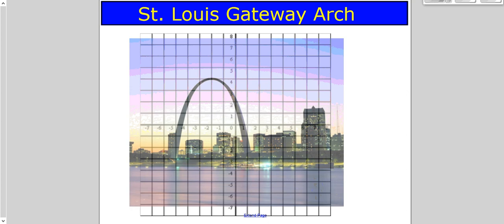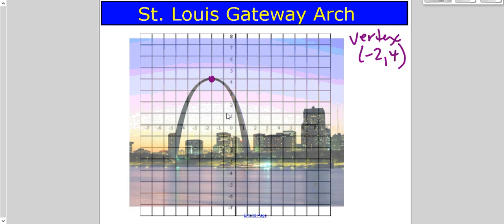Now, I want to show you, same thing, we're going to start with our vertex. So my vertex is right here, which is at -2, 4. And then from there, I'm trying to look at my step pattern, but my step pattern might be a little bit difficult to see on the grid.